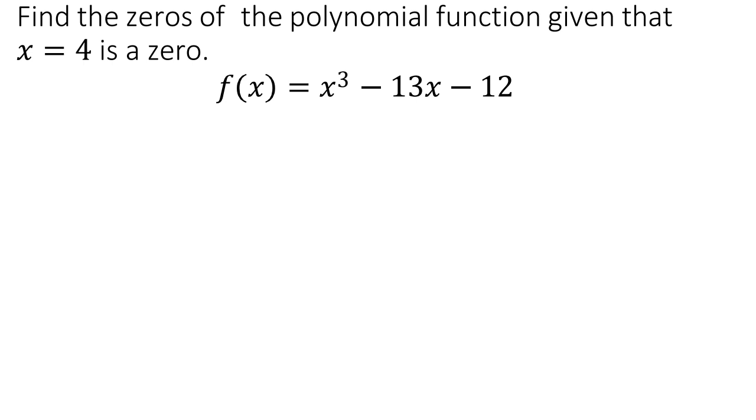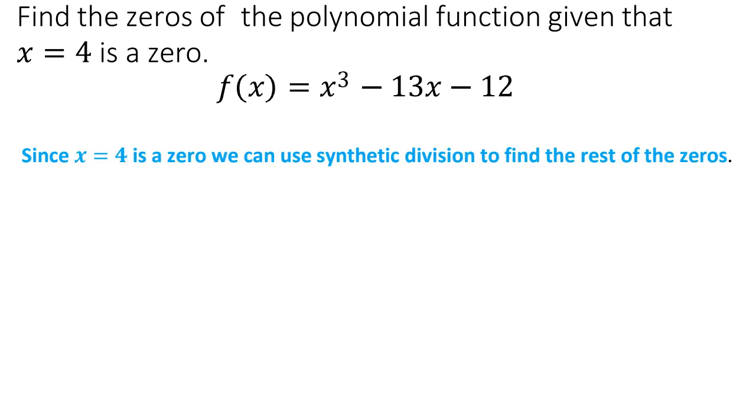To help us solve this, we can use synthetic division, something that we learned last week, in order to make this polynomial 1 degree less. When we use synthetic division, this is my dividend, and when I divide it, my quotient is going to be a degree less. I'm going to end up with a quadratic.